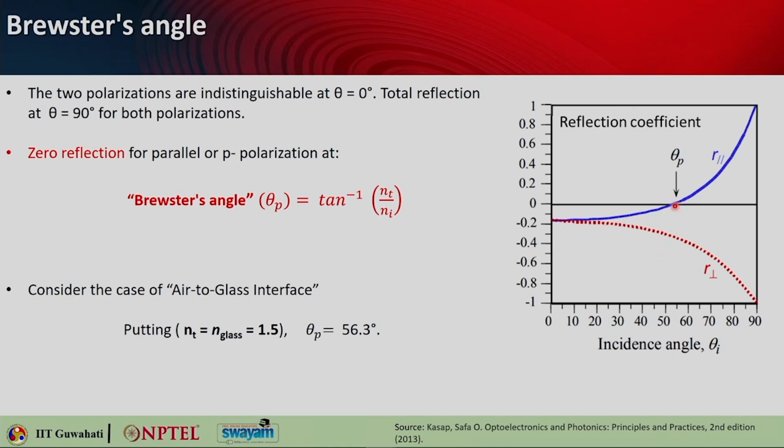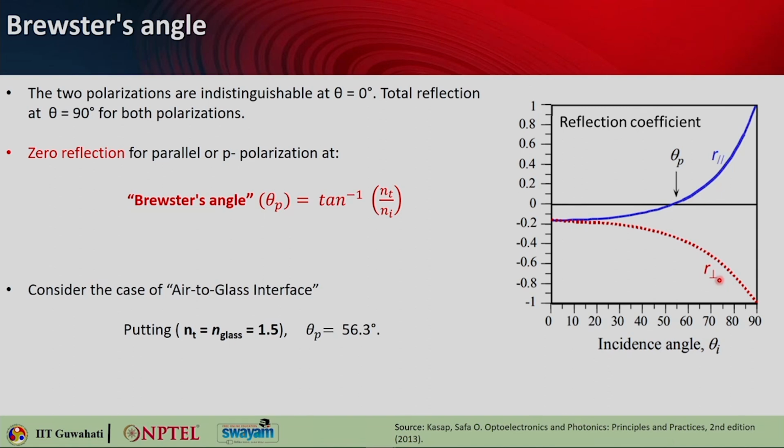But when the angle reaches 56.3 degrees for the case of parallel polarization, the reflection coefficient will be 0. It means the light will be available in only one particular polarization. So Brewster's angle can be used to make unpolarized light polarized by means of reflection only.